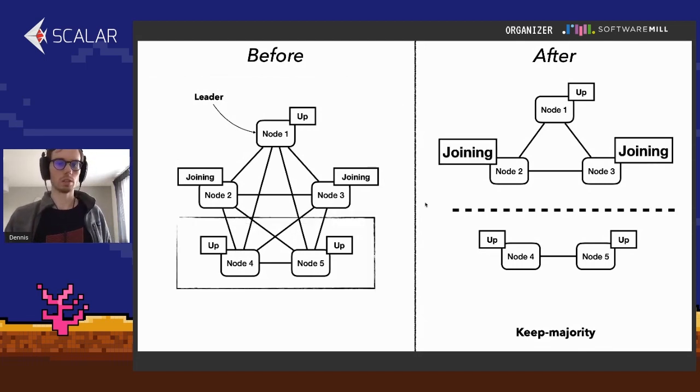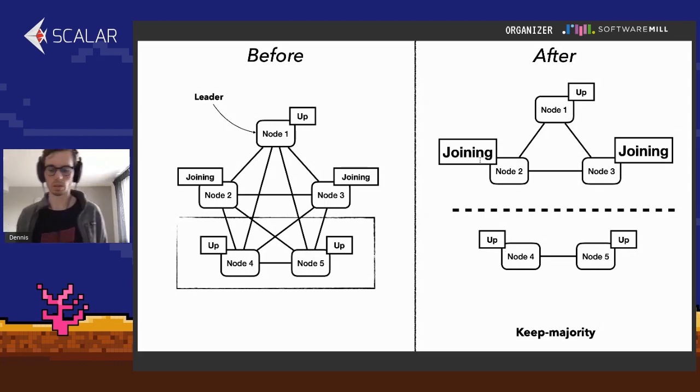But what's happening on the other side? The 2 nodes are still seen in the joining state, because the updated membership sent by the leader didn't arrive to any of the other nodes in time. And here what will happen is that this bottom partition number 2 will also decide to survive, because joining nodes are not counted.